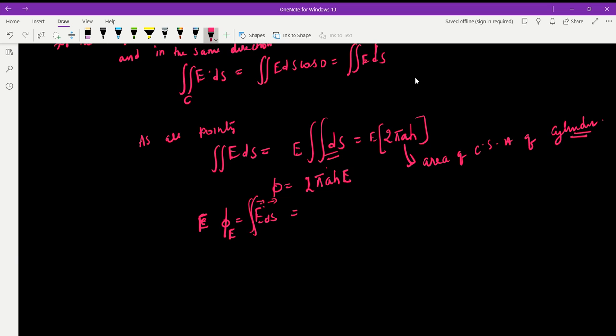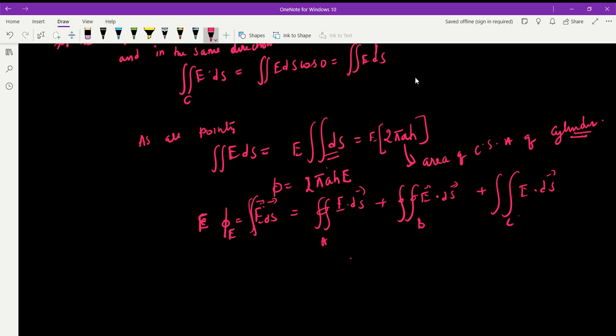So flux due to surface A, E dot ds, plus flux due to surface B, E dot ds, plus flux due to surface C, E dot ds, which is equal to Q by epsilon naught.